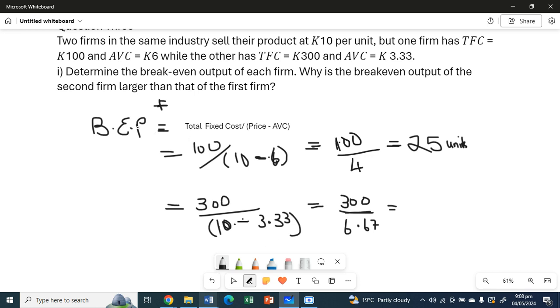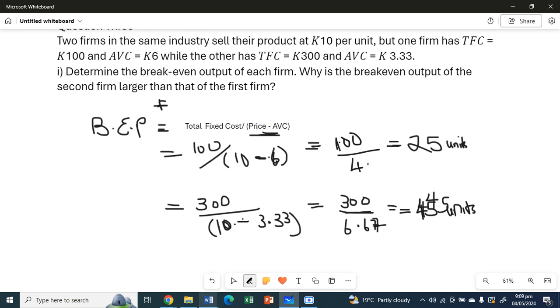When you look at this formula for the break-even point, total fixed cost over price minus average variable cost, if you hold price minus average variable cost constant and you start increasing the fixed cost, you're going to notice your break-even point gets higher.